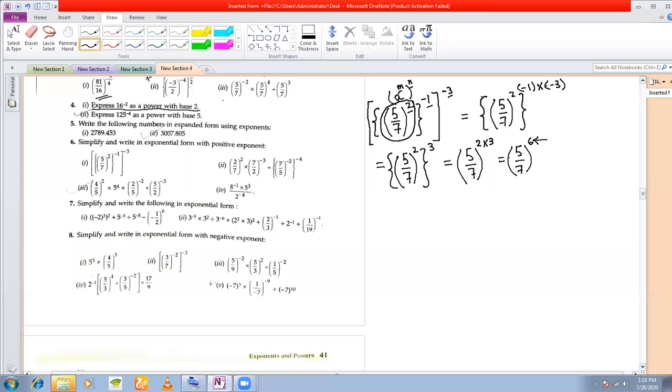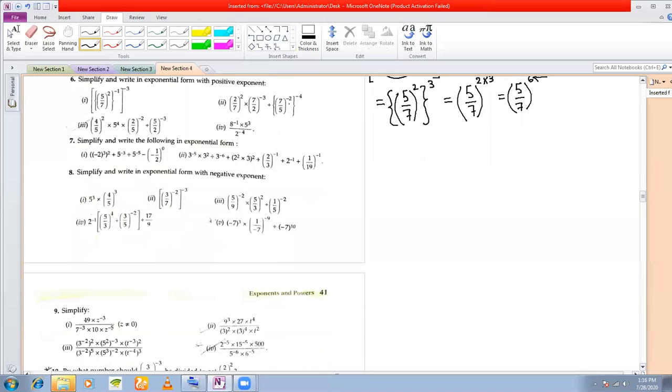Okay. Next one. 2 by 7 square into 7 by 2 to the power of minus 3 divided by 7 by 5 to the power of minus 2, and again this has been raised to the power of minus 4.